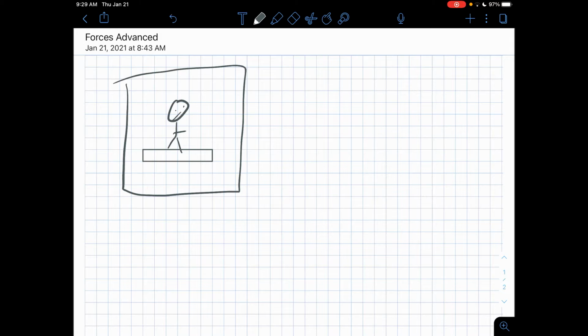So let's do a few questions. Let's find out what the scale reads. Oh, we have to give the person a mass first. So let's say they weigh 70 kilograms.